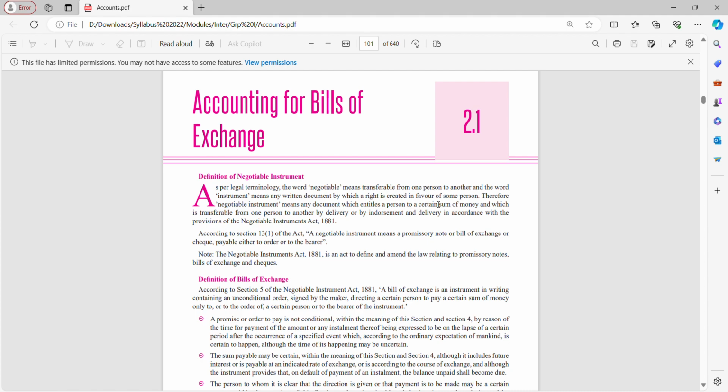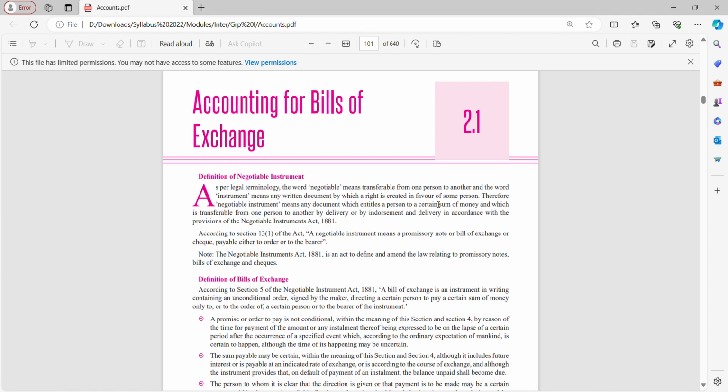The meaning of negotiable instrument is any document which entitles a person to a certain sum of money. Entitle means if I'm drafting a check in favor of some person, I am supposed to pay a certain amount to that person. According to Section 13(1) of the Act, negotiable instrument means a promissory note or a bill of exchange or a check payable either to order or to the bearer.